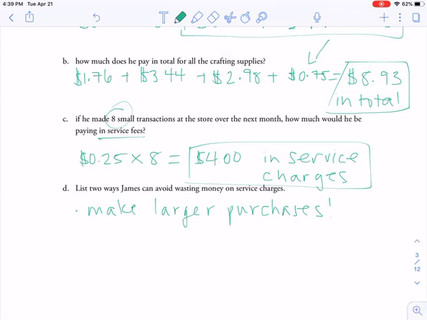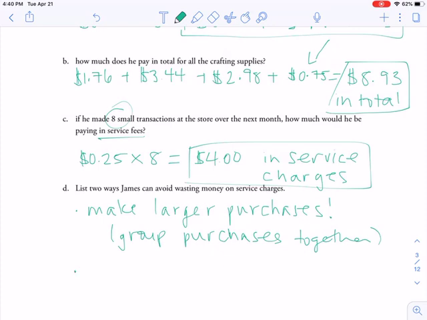So that is one very straightforward way to avoid the charges. By make larger purchases, I mean group purchases together, right? Go to the store once instead of 3 times.